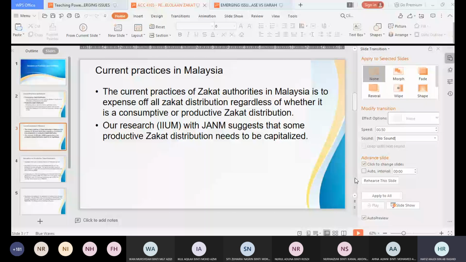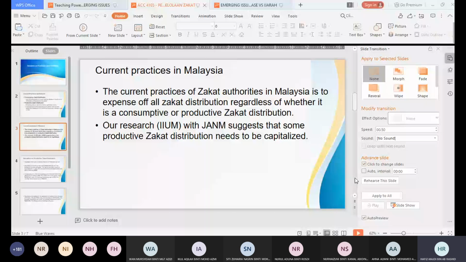So people will query: you have a building, but it does not appear in your statement of financial position. As researchers, we think this is something which needs to be improved. Because when we review all their financial statements, they have buildings which they constructed using zakat money.